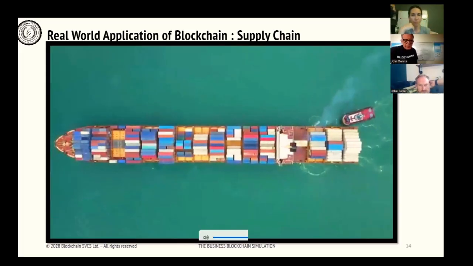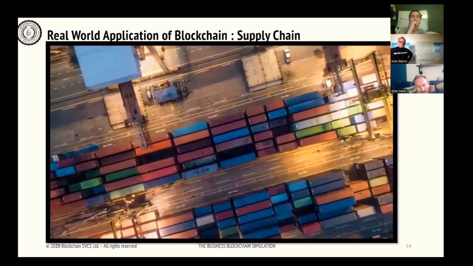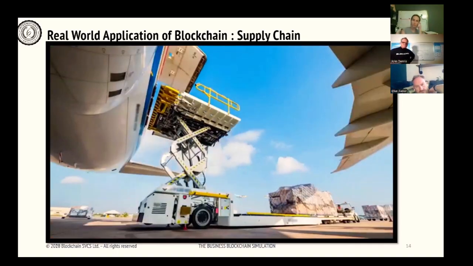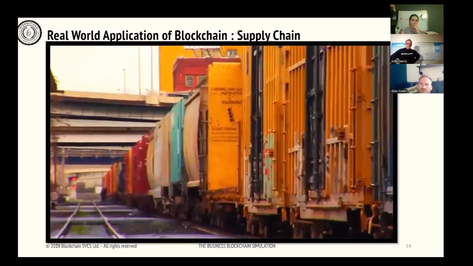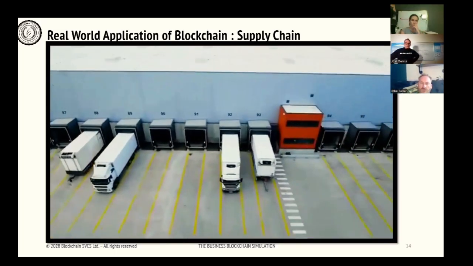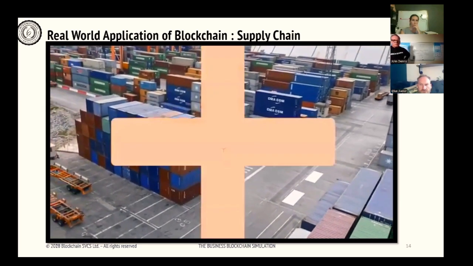Every day around the world, millions of shipping containers are in motion. An incredible achievement of logistics, coordination, and communication. But legacy data systems and manual document handling cause friction that costs both time and money for businesses and people throughout the supply chain.